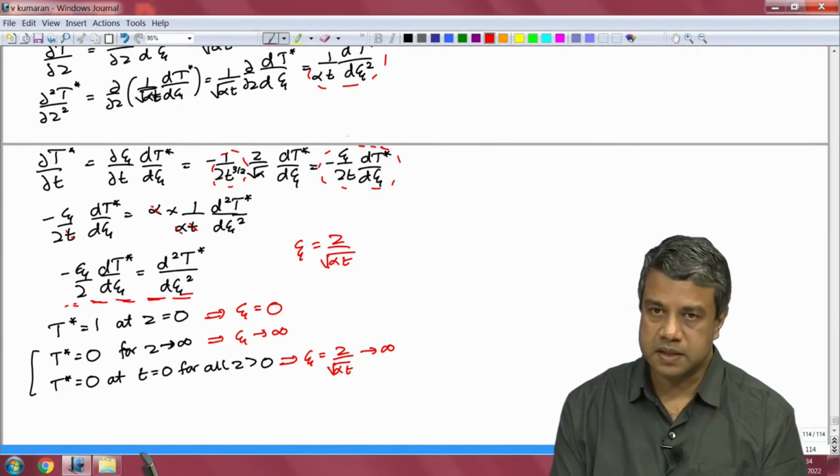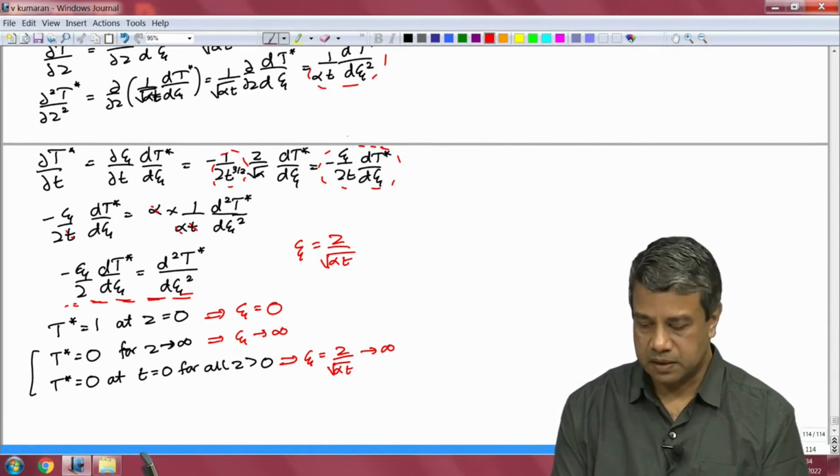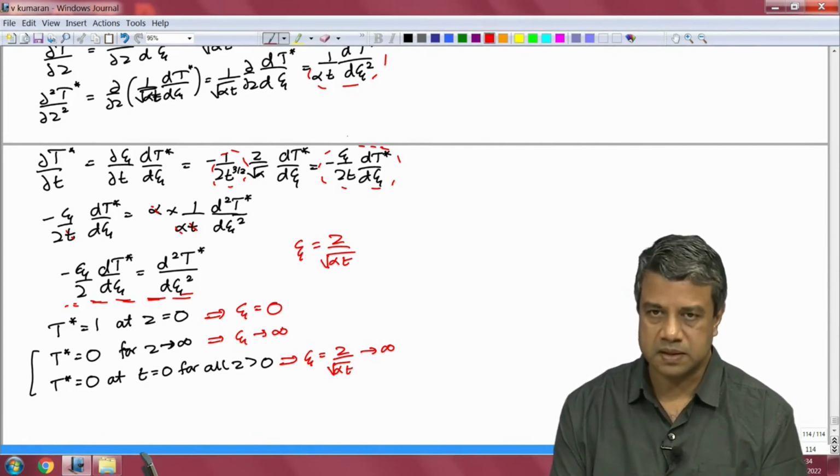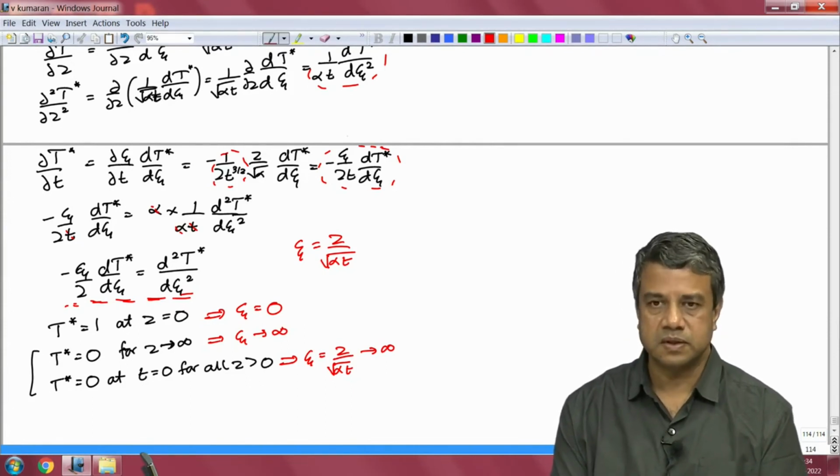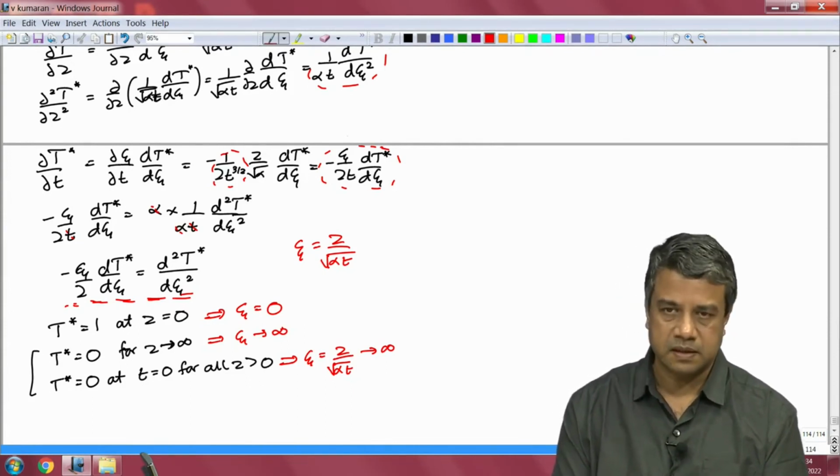Because the equation and boundary conditions depend only on psi, therefore the solution also depends only on psi. And therefore, this similarity transform gives you a solution in terms of the similarity variable.